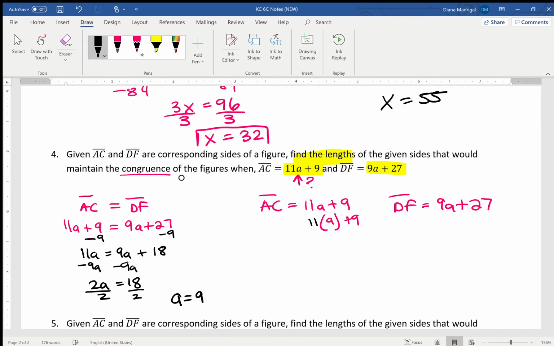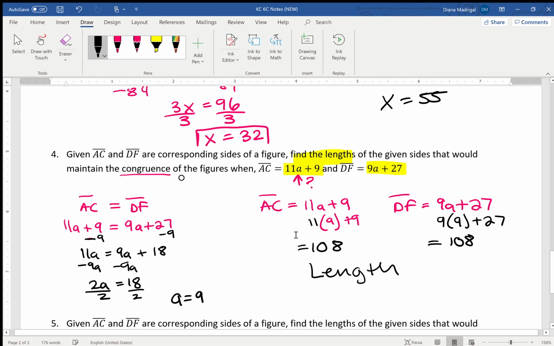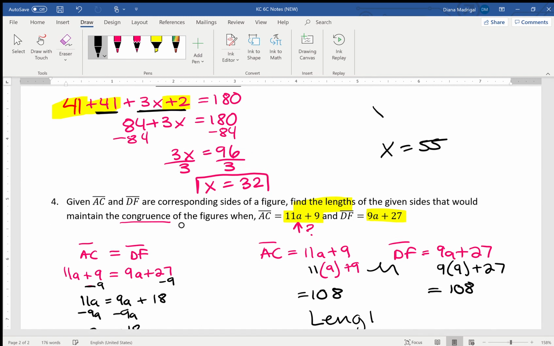And then right here, we're going to have 9 times 9 plus 27. Okay, 11 times 9 gives me 99, plus 9 gives me 108. For the next one, 9 times 9 gives me 81, plus 27 gives me 108. This is the length. The length is 108.